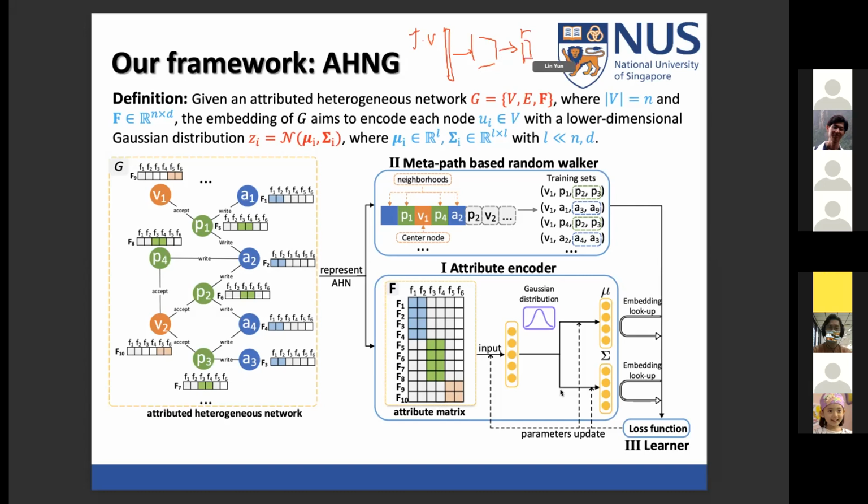So if I understand correctly, this R is Z, and each Zi will follow a distribution, right? Yes. So what we have is a distribution of the embeddings instead of an embedding per se. So given a feature vector, we will have a distribution, but this is just a distribution after all.